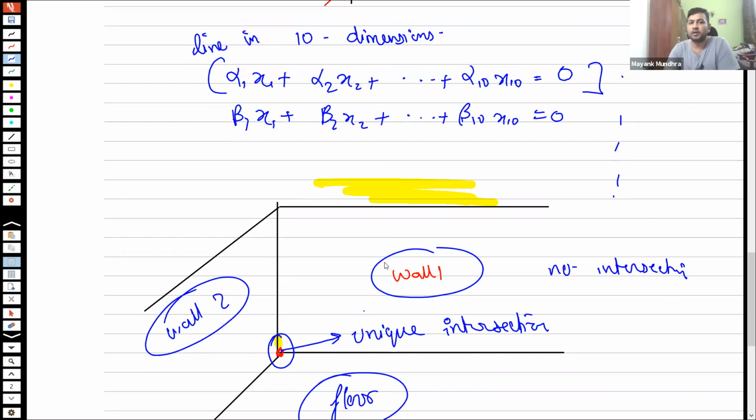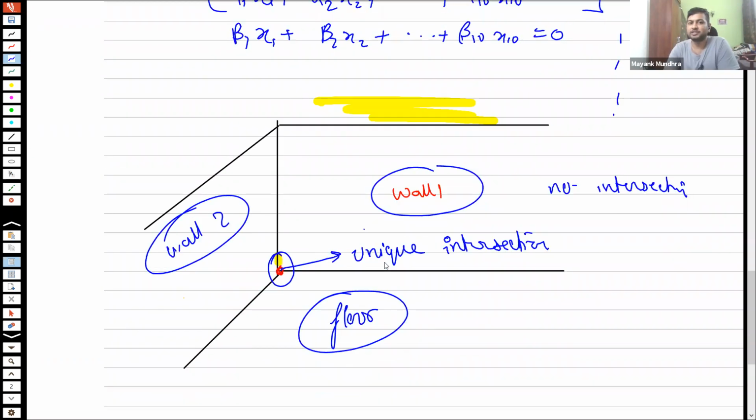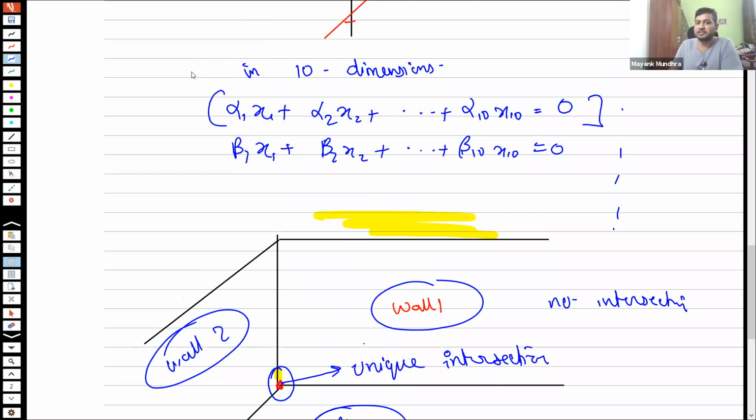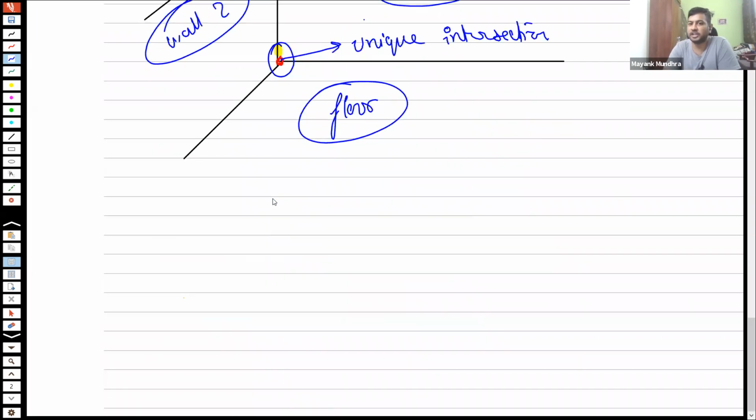Coming back to planes and lines. I'm representing this with the generic term lines, but the idea is that in 3 dimensions, we have a distinction between lines and planes. Anything of the format alpha x plus beta y plus gamma z equals c basically represents a plane.